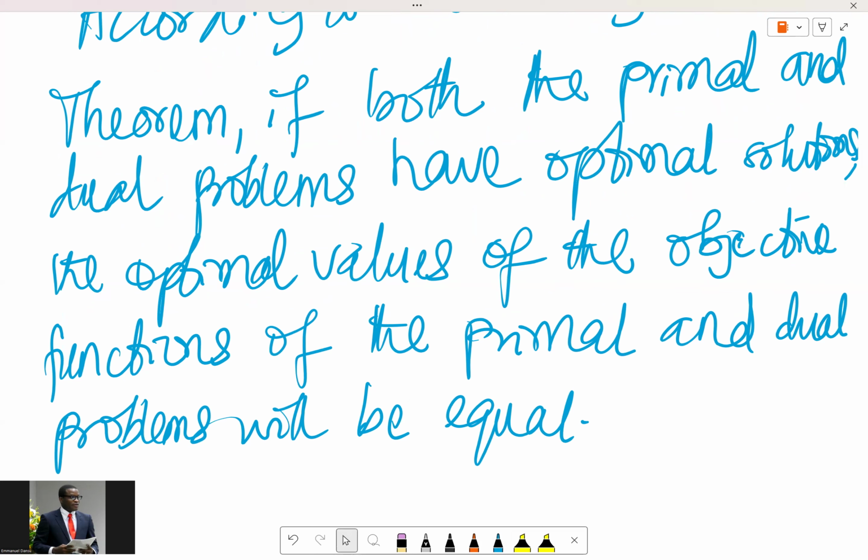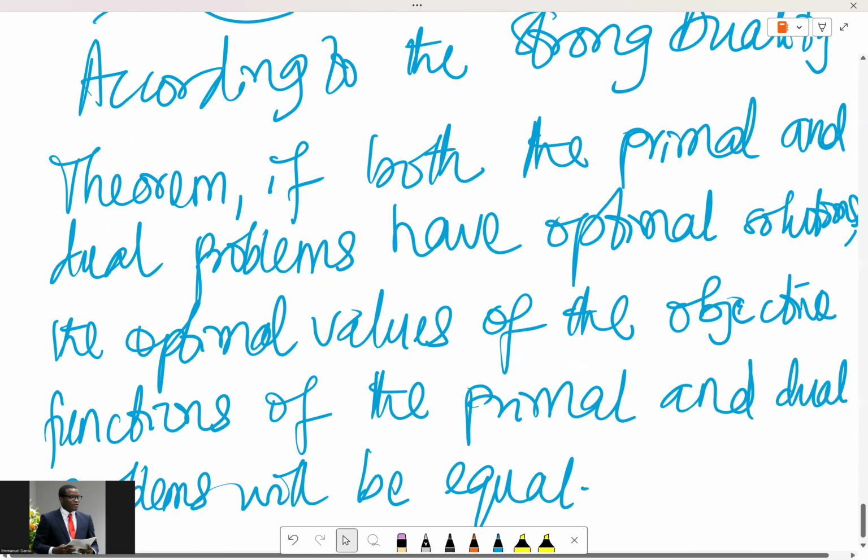I mean, those x1, x2, y1, y2 may not be the same, but the z and w will be equal. That's the strong duality theorem.